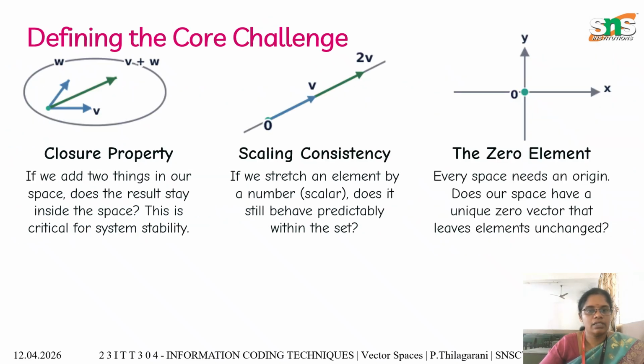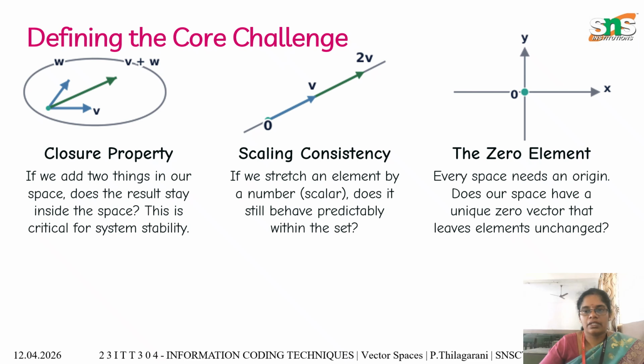Define the core challenge, that is, the closure property. If we add two things in our space, does the result stay inside the space? This is critical for system stability. Scaling consistency: if we stretch an element by a number, does it still behave predictably within the set?